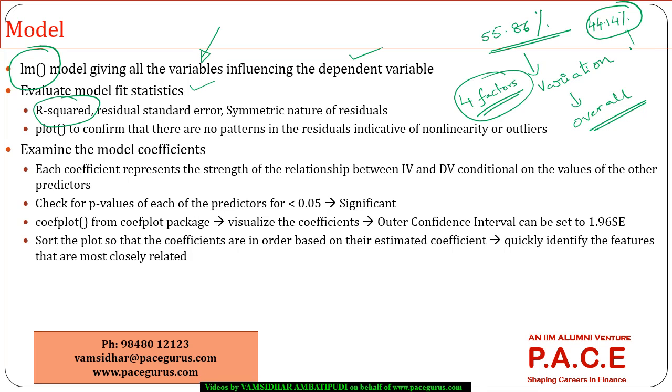There is a possibility that it might be explained by something else, or it might be completely random in nature.